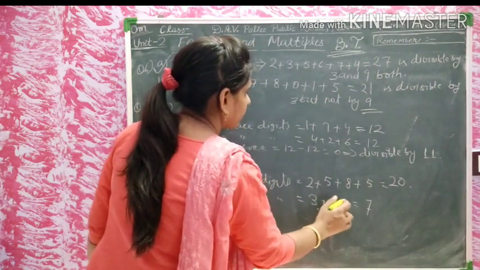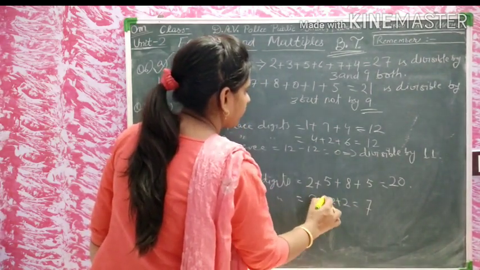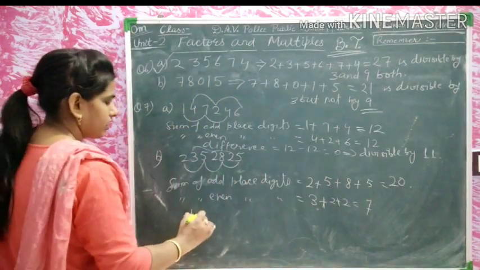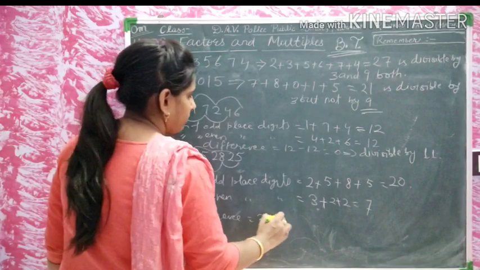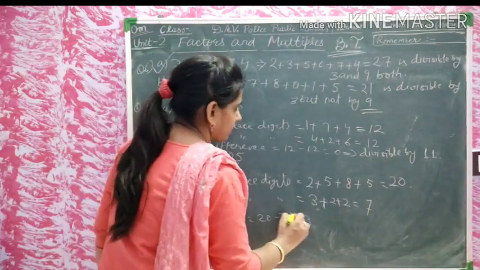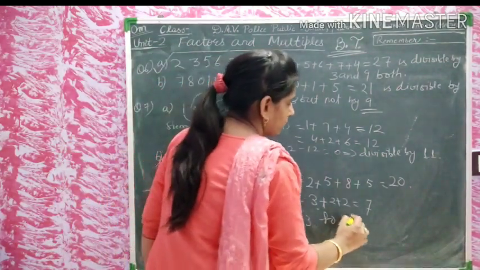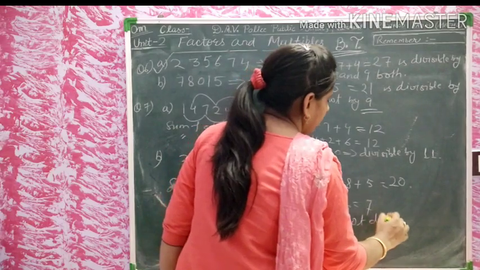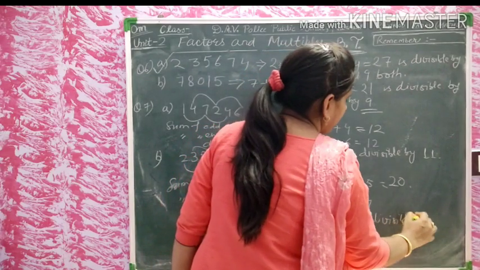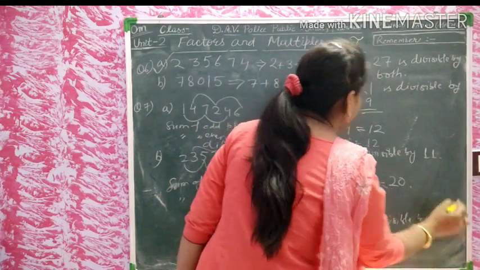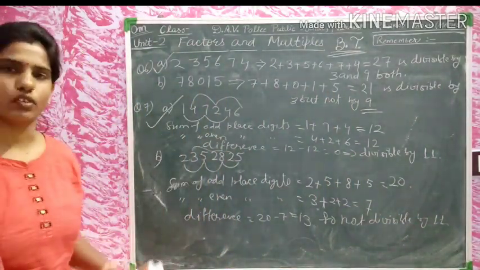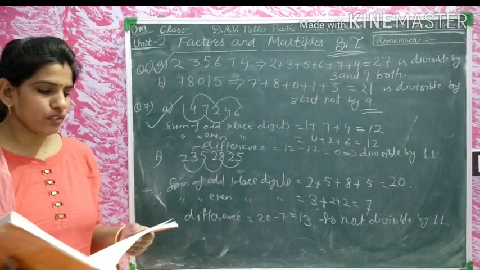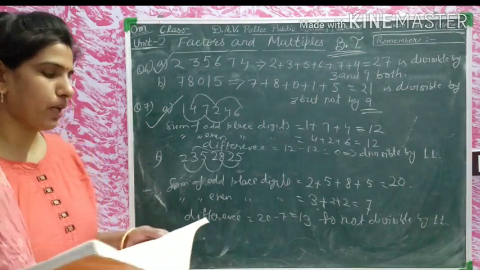Is this clear, students? Now the difference is 20 minus 7, that is 13. So it is not divisible by 11. Is it clear, students? So the first part is divisible by 11. Is this clear?